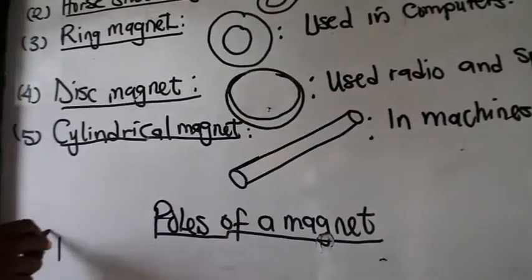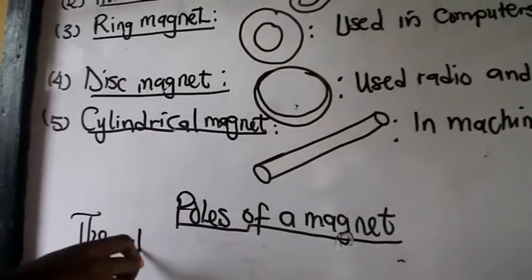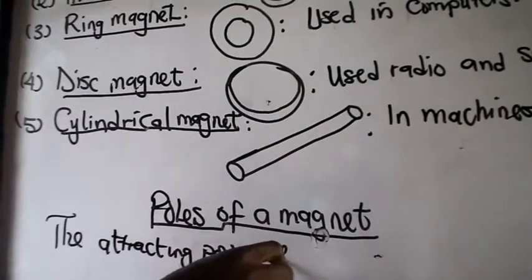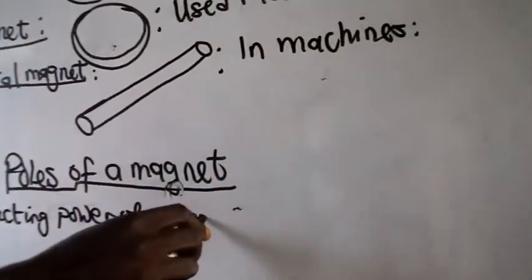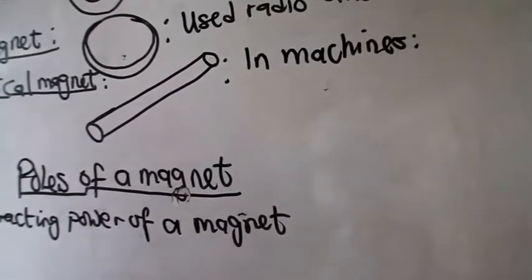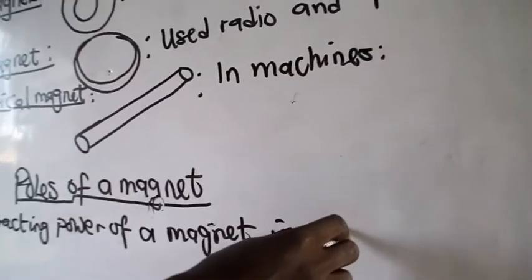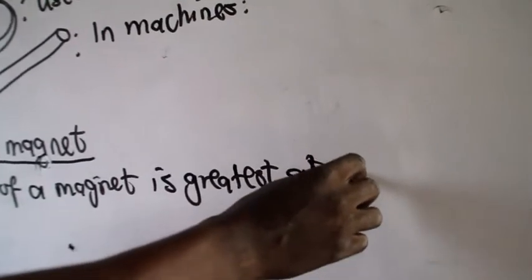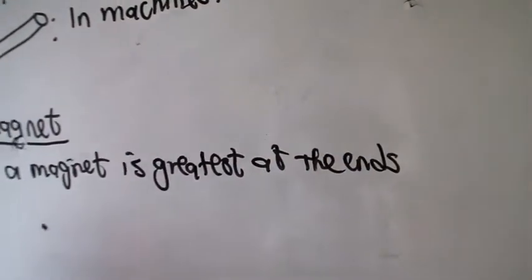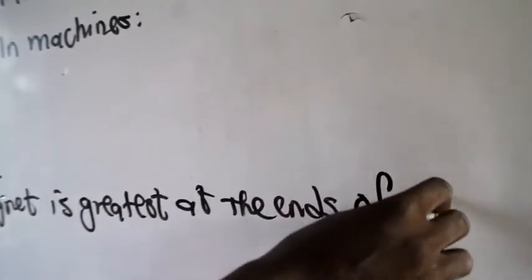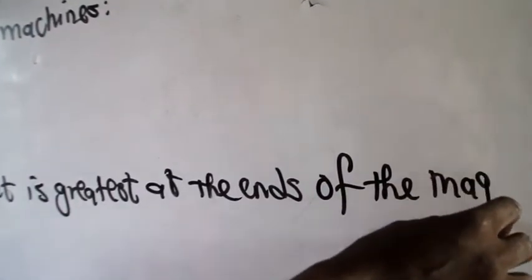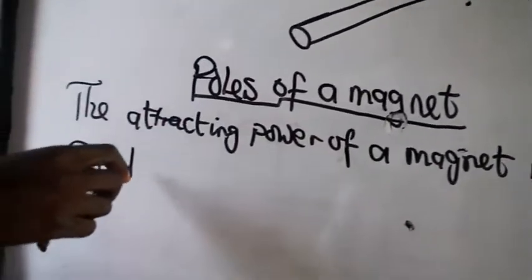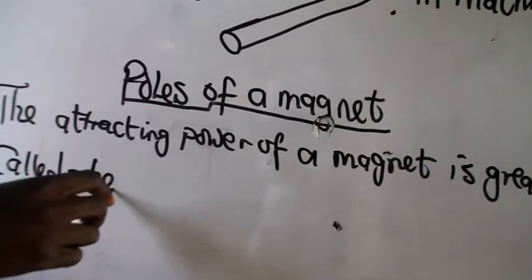So if you look at any magnet, the attracting power of a magnet is greatest at the ends of the magnet, called the poles.